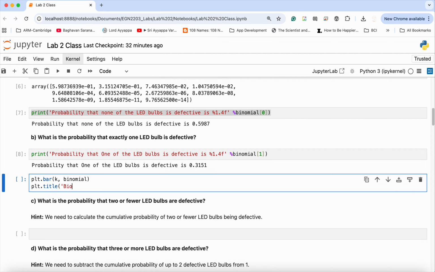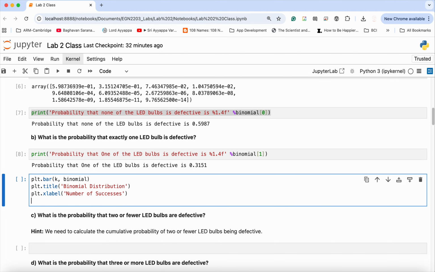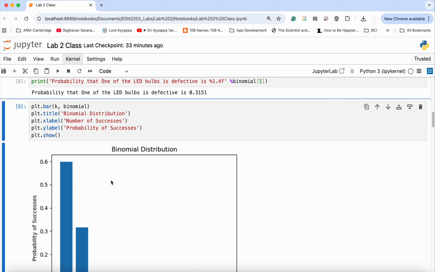I'm just going to put the title as binomial distribution, and x will be number of successes. Okay, so let's go ahead and plot the graph.